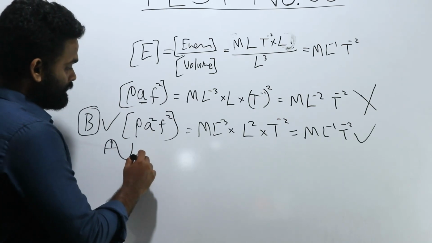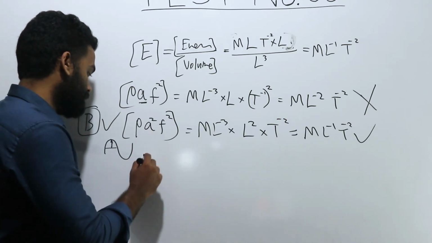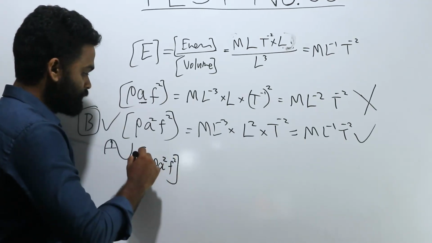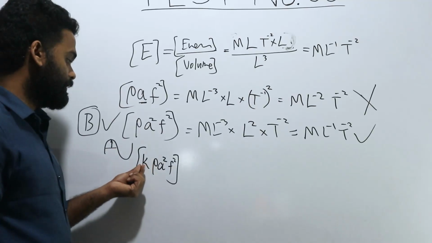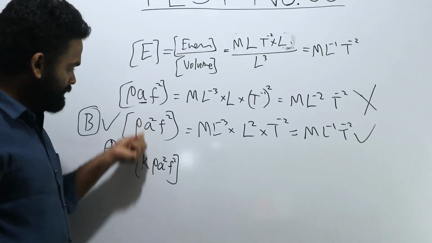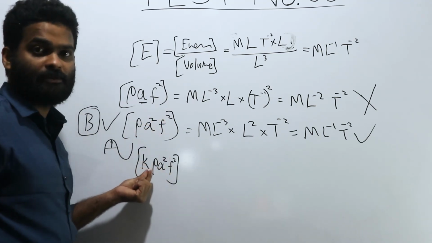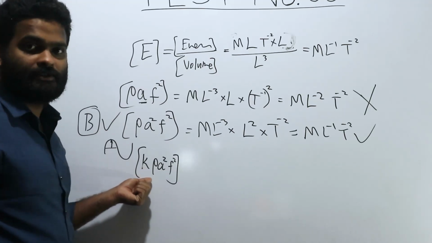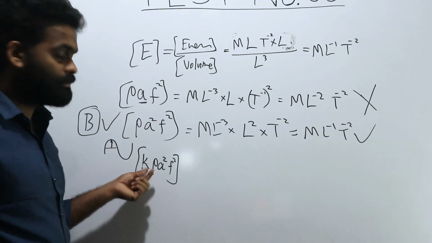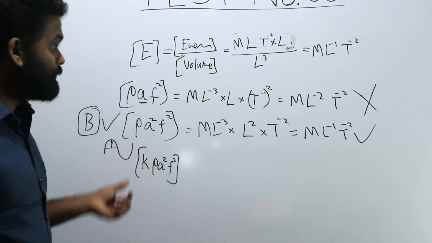Then if you think about the expression in option C, this has only been multiplied by a dimensionless constant. So these are the same equation, but this one is only multiplied by a dimensionless constant. So the dimensions don't change just because it is multiplied by a dimensionless constant.